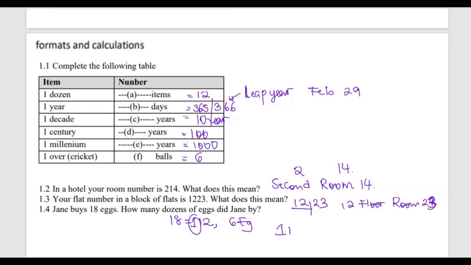So the answer is supposed to be 1 dozen and a half. Otherwise, we would have said 18 divided by 12, where we get a whole number and a half. 18 divided by 12 is the same as 3 over 2. By 6, you get 3. By 6, you get 2. Okay, so she bought 1.5 dozen.